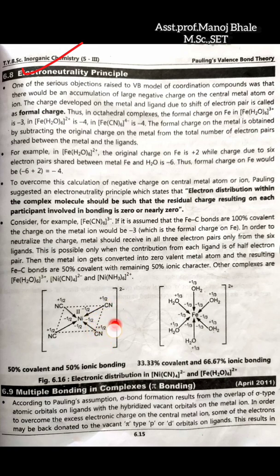So that means there are 50% chances for the covalent bond and 50% chances for the ionic bonding.